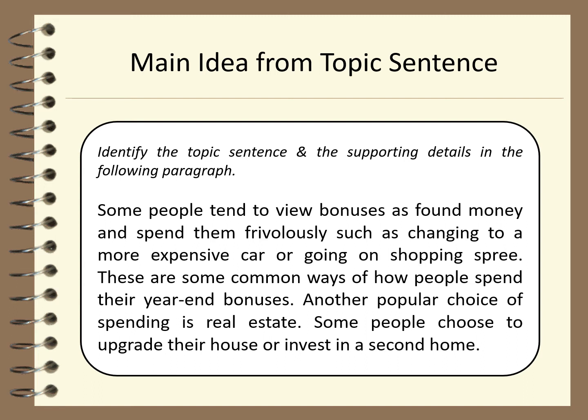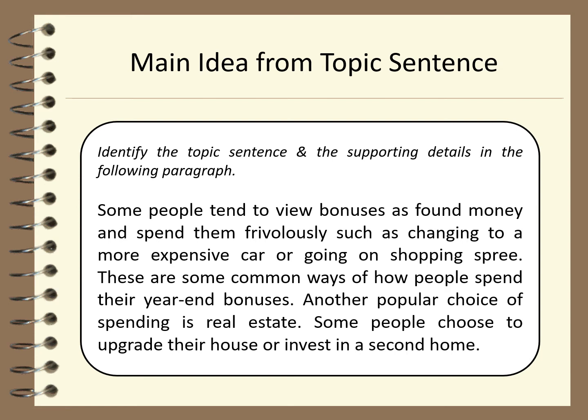The writer is trying to tell you that these are some common ways of how people spend their year-end bonuses. So basically, the whole paragraph, what the writer wants you to know, is that there are common ways of how people spend their year-end bonuses.